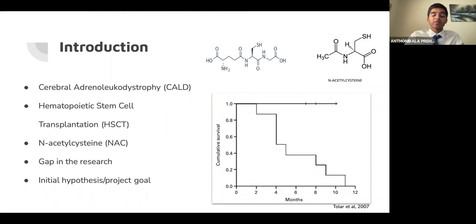HSCT has been associated with the rapid advancement of the disease due to the intense chemotherapy to ablate the bone marrow. This treatment leads to an increase in oxidative stress and damage, which often leads to death.